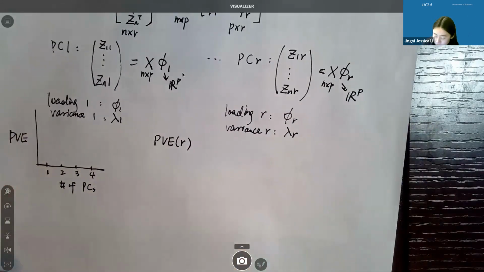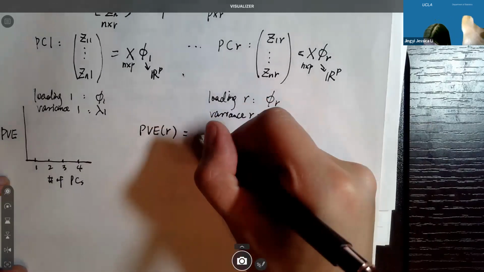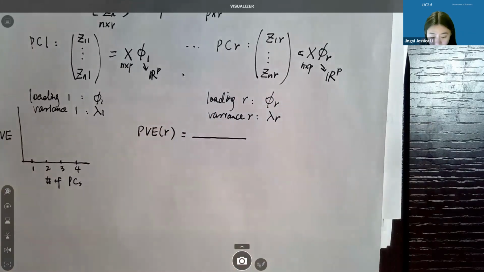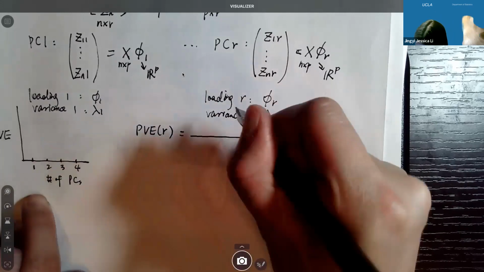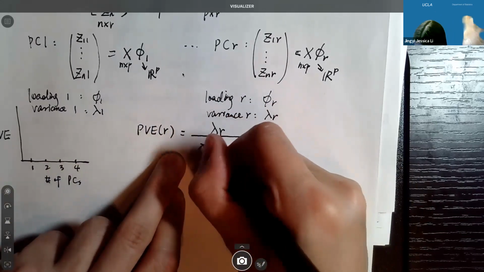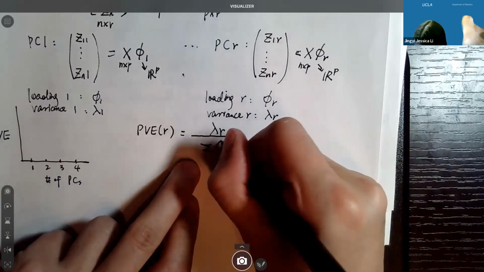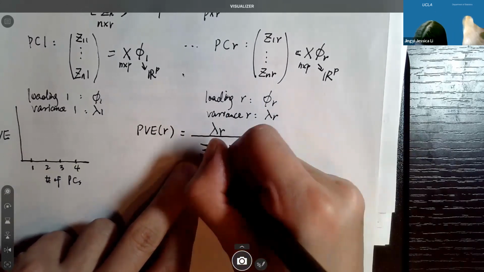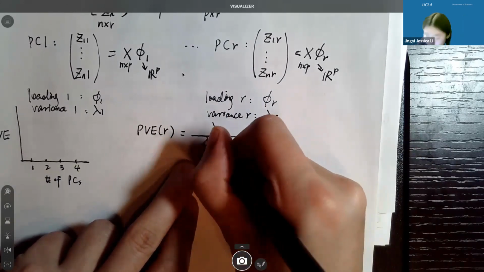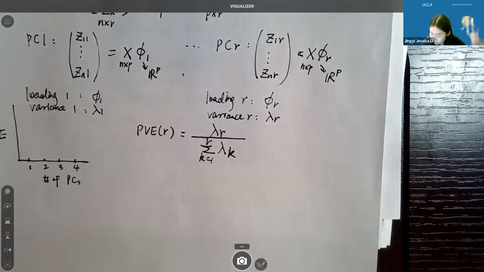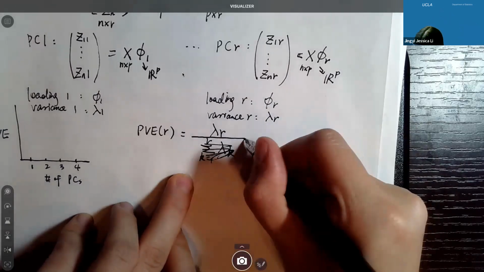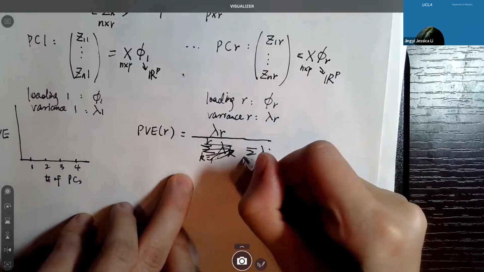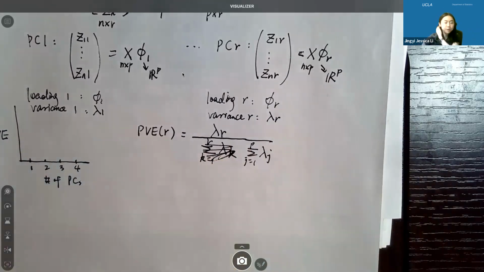So therefore, the percent of variance explained is lambda r divided by the sum of lambda j from 1 to p. That's the total variance in our data.